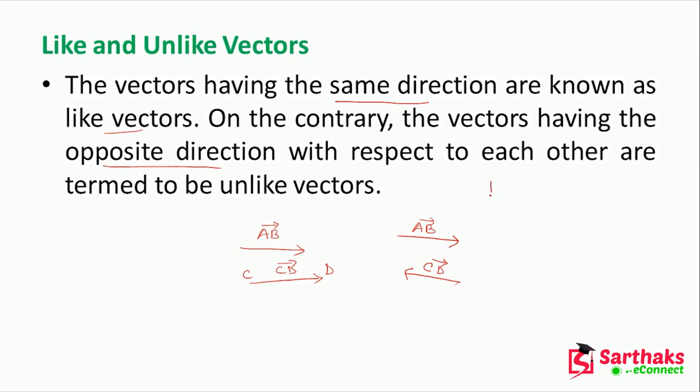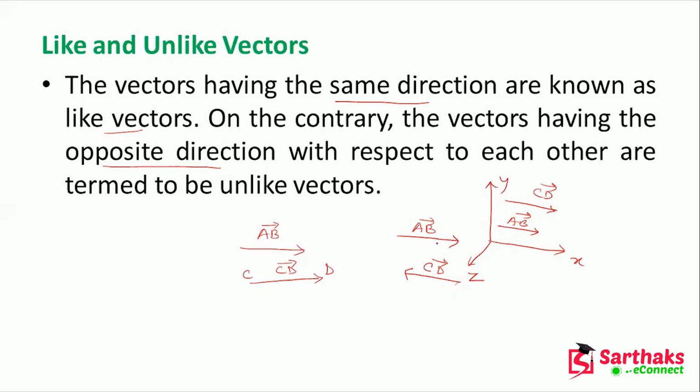Suppose I have the x-axis, y-axis, z-axis, and here I have two vectors, one is the AB vector and another is the CD vector. They are along the positive x-axis.